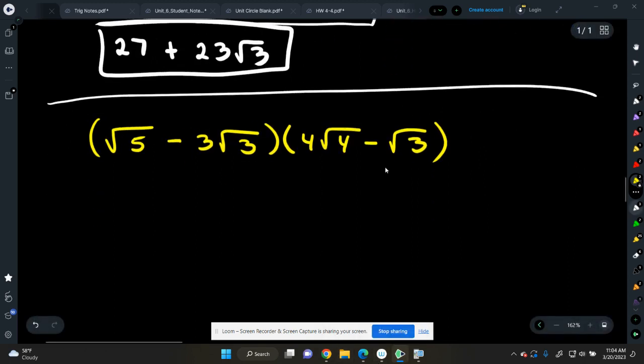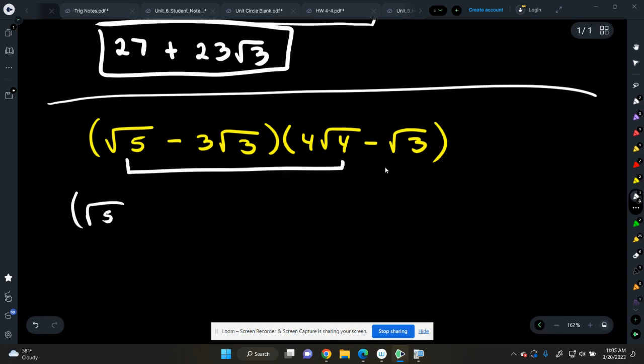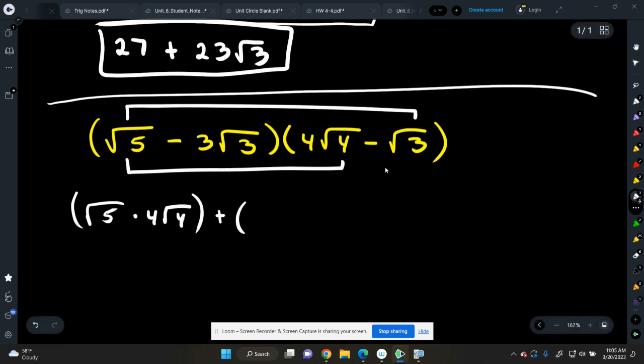All right, so let's do this one. So we're going to FOIL. And so I've got the square root of 5 times 4 root 4. And then we're going to do plus the square root of 5 times negative root 3.